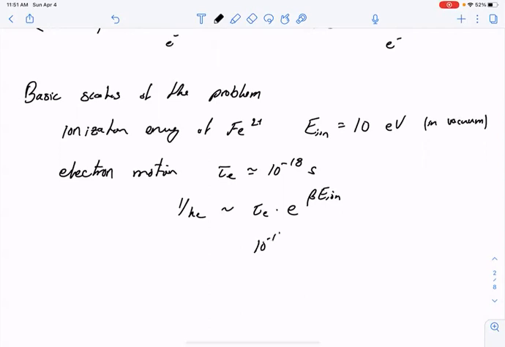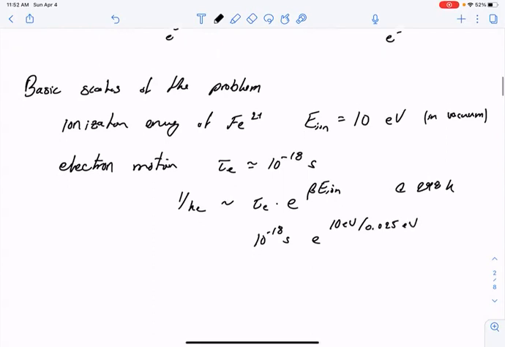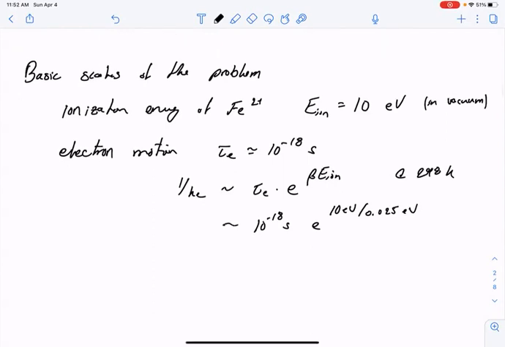That's at 10 to the minus 18 seconds. 10 eV, well, 1 kBT at room temperature is 0.025 eV. All right, this is going to be absolutely enormous.